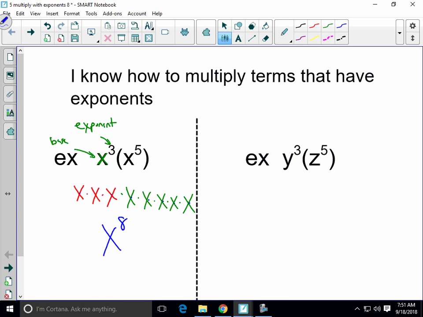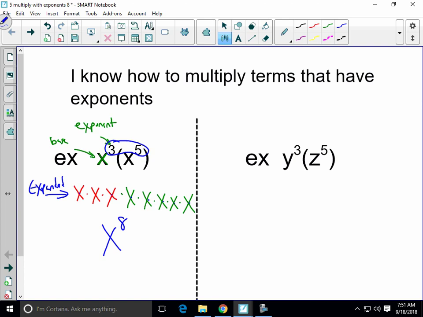So what's the idea? What's the shortcut so that you do not have to keep writing this out? You don't want to have to expand it all the time. You just want to get right to the answer. If I have x to the third, I have x multiplied by itself 3 times. X to the fifth is x multiplied by itself 5 times.